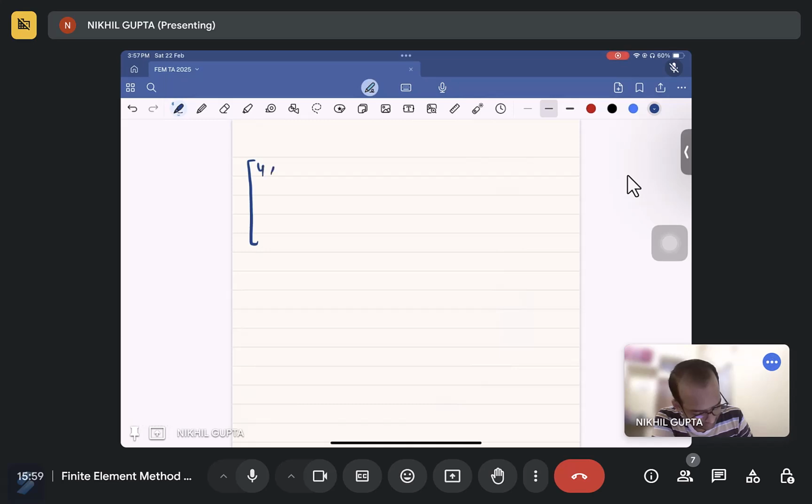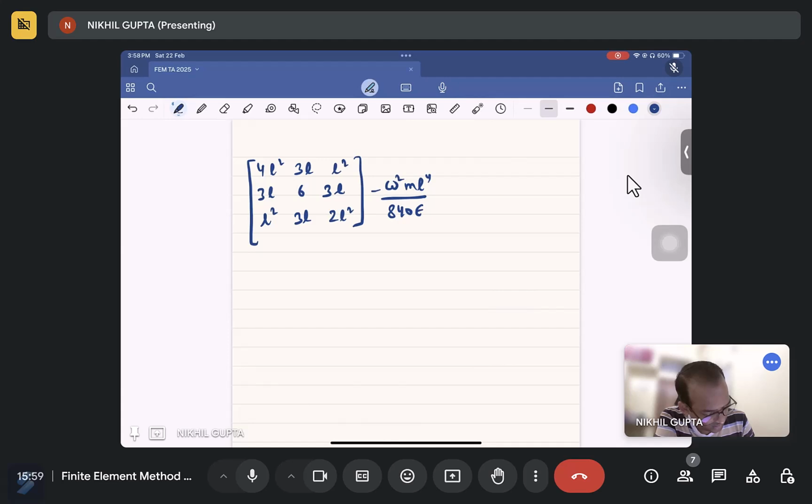Let's do it first. 4L square, 3L, L square, then 3L, 6, 3L, L square, 3L, 2L square, with minus omega square ML power 4 upon 840 EI, then 8L square, minus 13L, minus 3L square, 156, then 22L and 4L square, with u4, u5 and u6 equals 0.